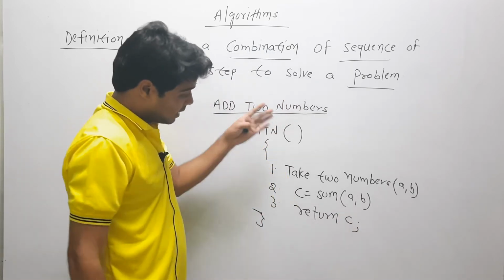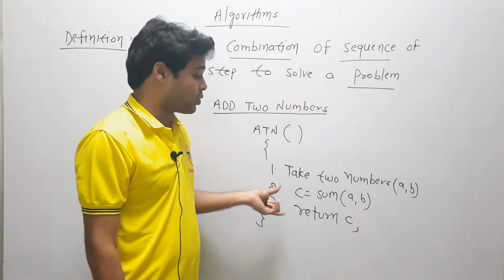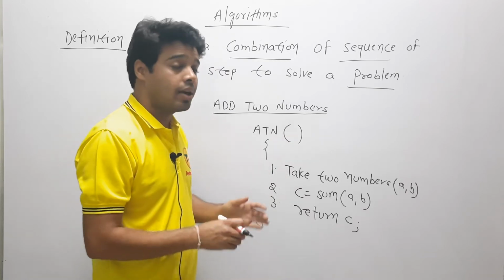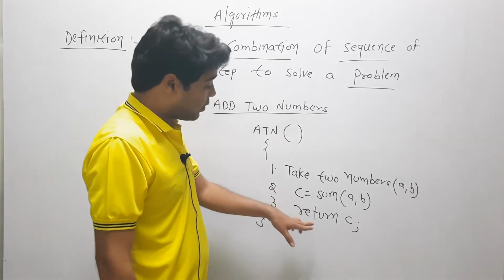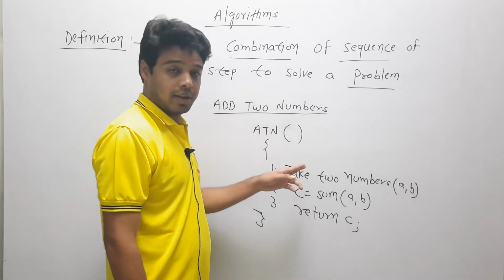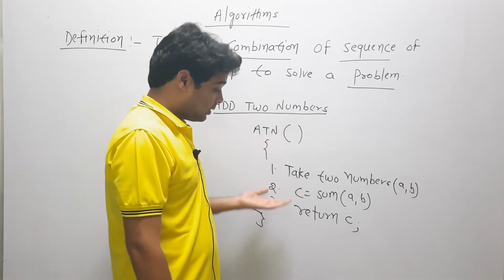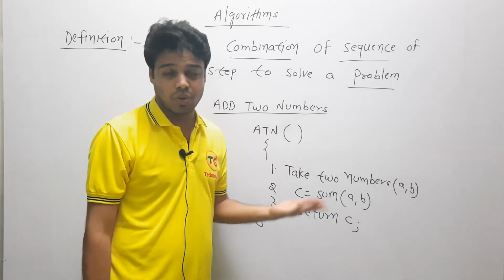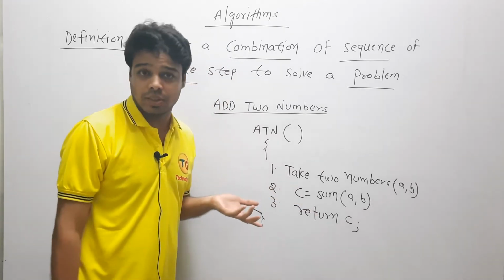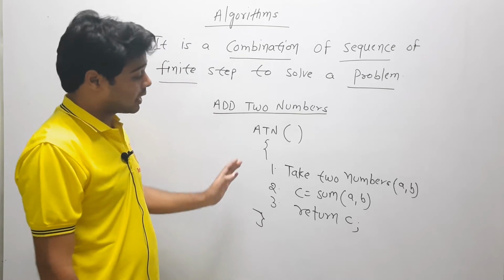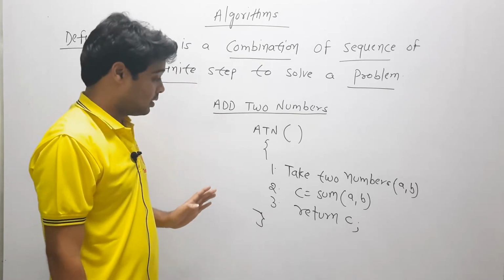So here there is a finite number of steps, only three steps, and sequence matters here. Suppose we write return c at the first step, then take two numbers, then c equals sum of a, b. It does not have any meaning. So here sequence matters always.